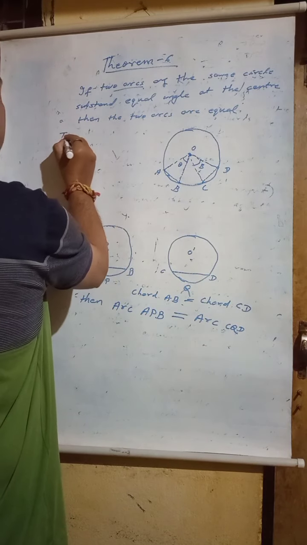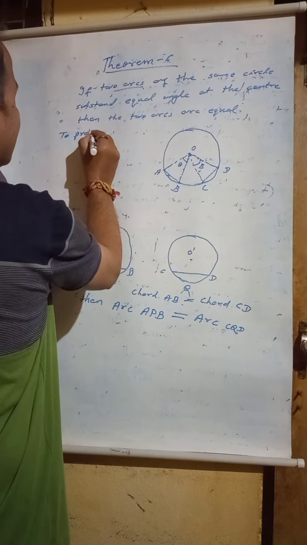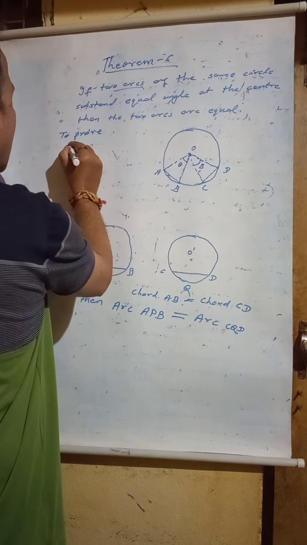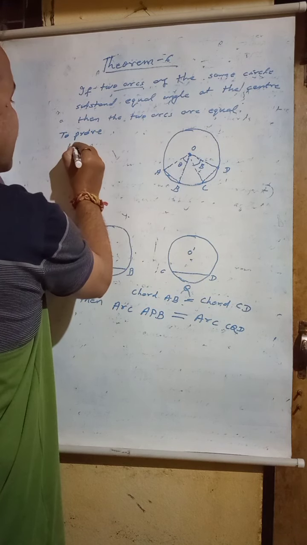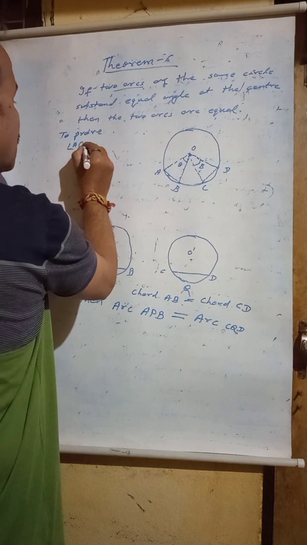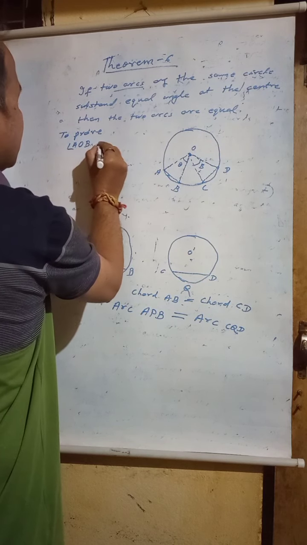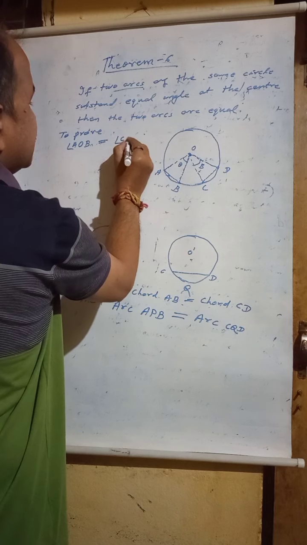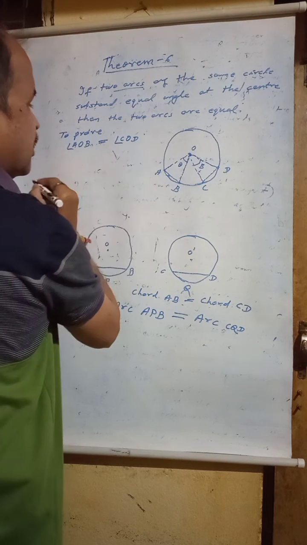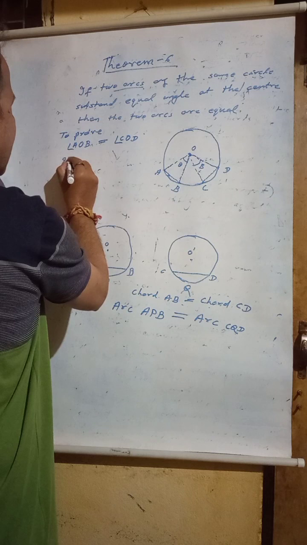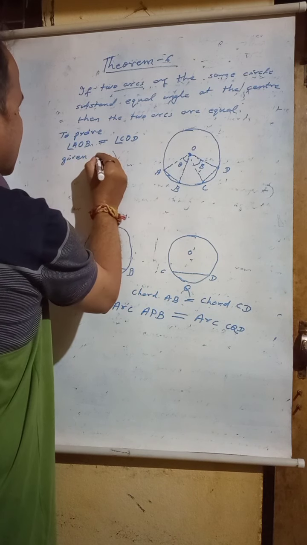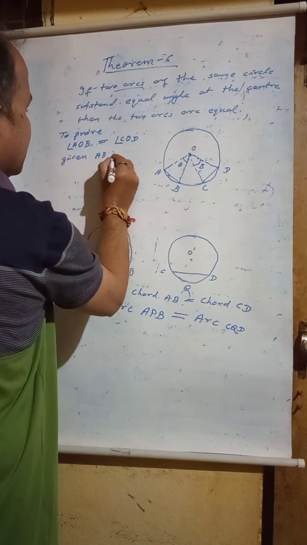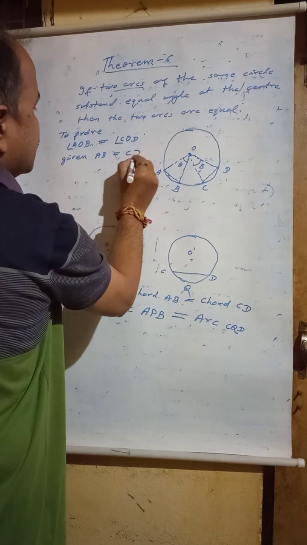To prove angle AOB is equal to angle COD. What is given? AB equal to CD.